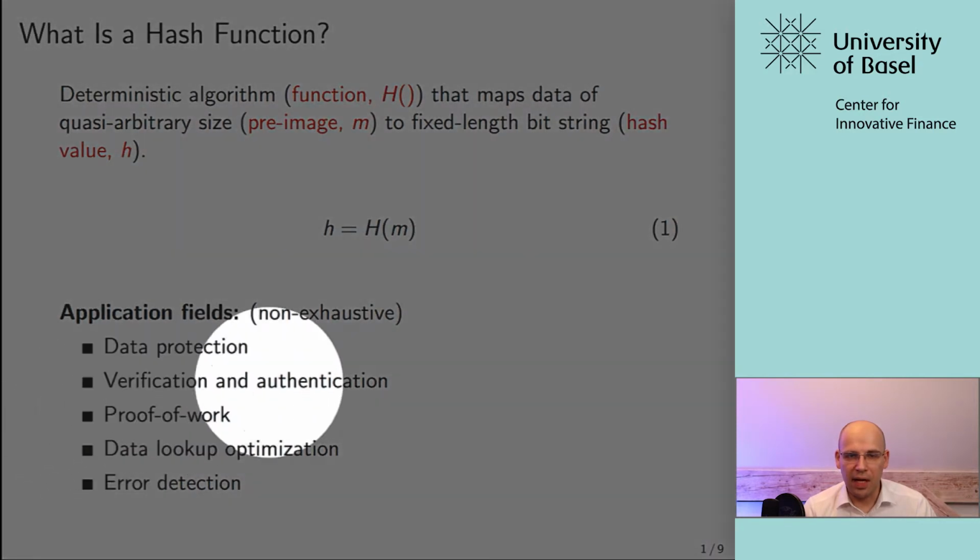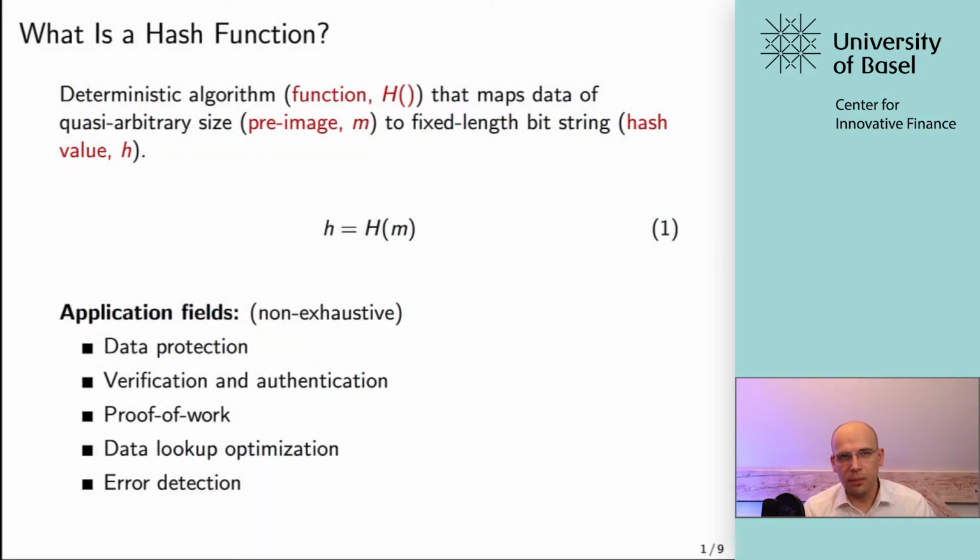Then, of course, in verification and authentication, for example, in the case of Bitcoin, you remember all of these identification numbers for the transactions and the blocks. You will see why it also can be used for verification and authentication. Quick teaser, it's because when you change something just a little bit, it will result in a completely different hash value. But I have an example in this slide deck where this will become quite obvious.